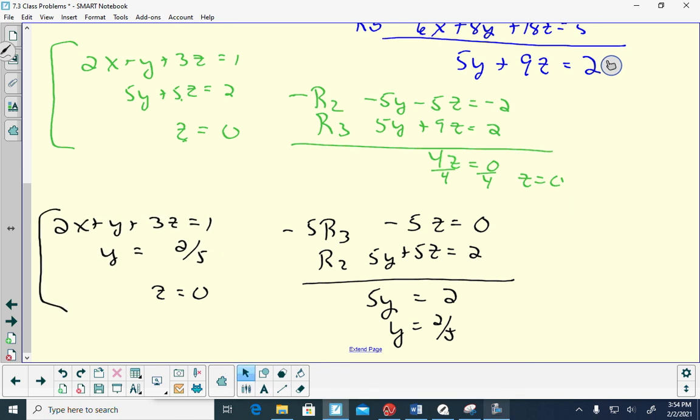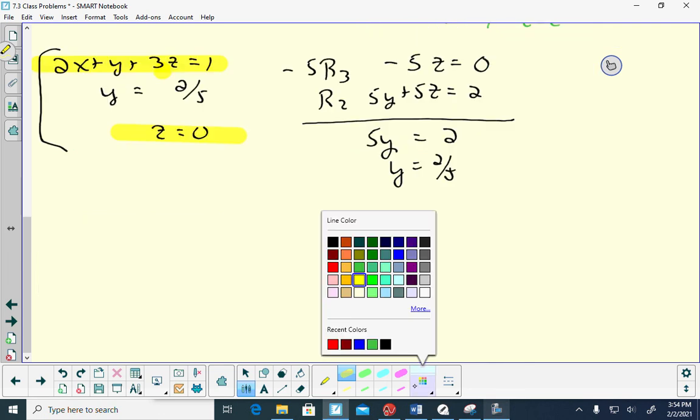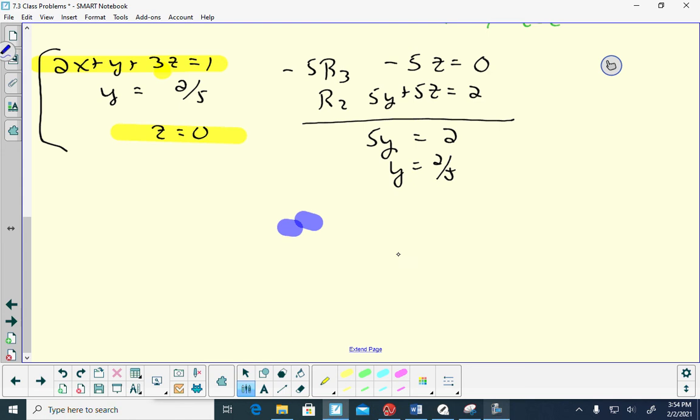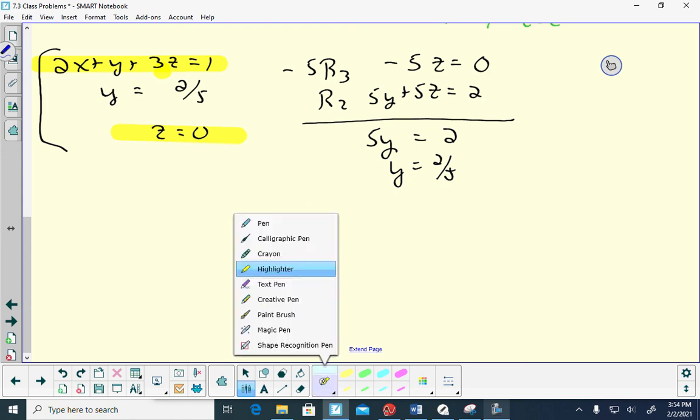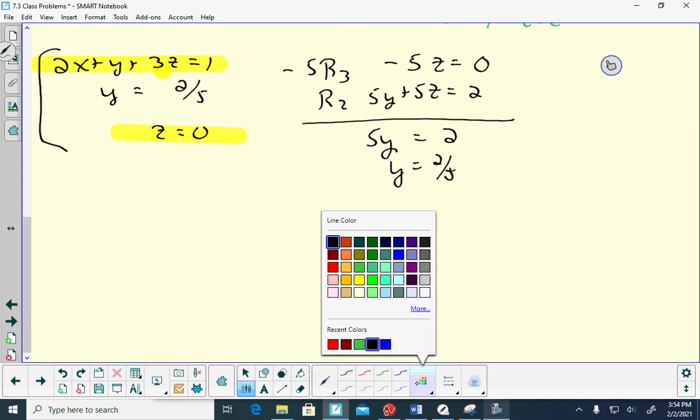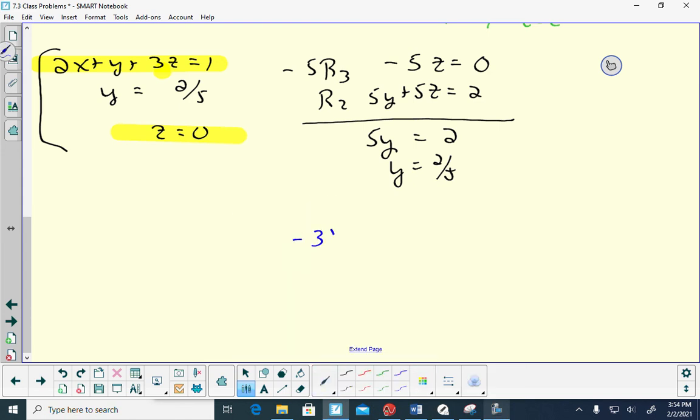Then the next thing in my pattern says I'm going to combine row 1 and row 3. So I'm going to highlight this for you. I'm doing row 1 and row 3 to eliminate the z. So it looks like I have to multiply row 3 by negative 3. So negative 3 times row 3.